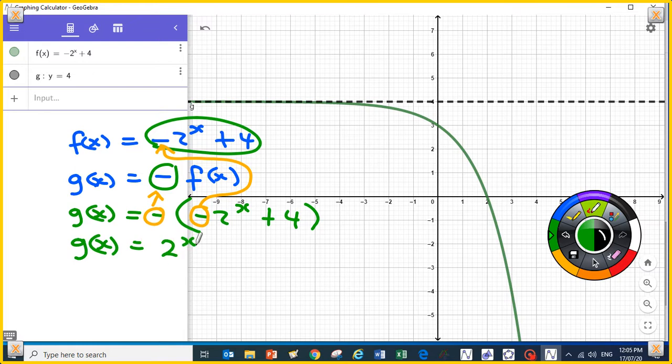Now, do you see that the value of y at the asymptote was positive 4? Now it's going to be negative 4. So if we reflect the graph about the x-axis, the asymptote also moves.